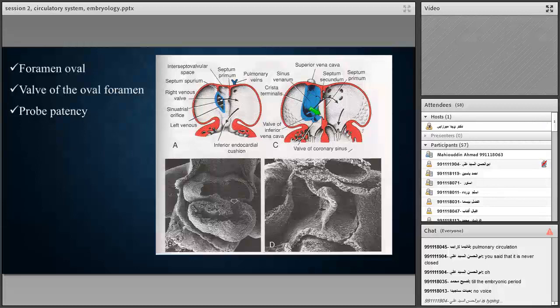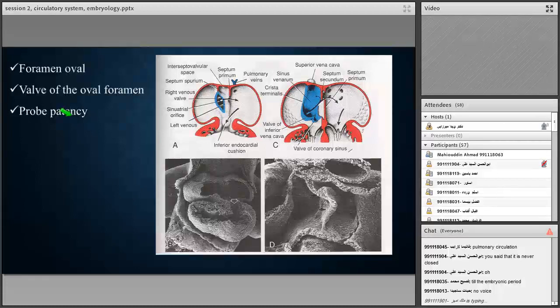If this foramen ovale remains open, or for example just a small foramen remains open in this part, we call that probe patency.